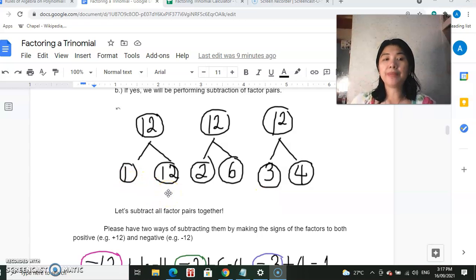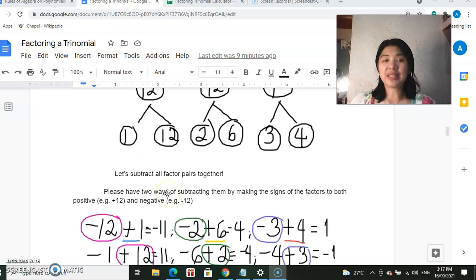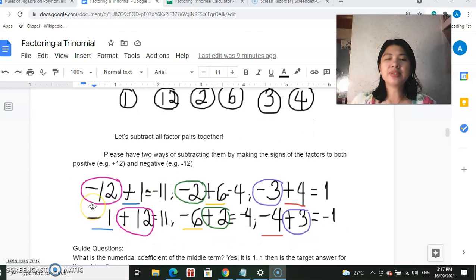There would be an instance where 12 is positive and a trial where 12 is negative. So look at here. This is the trial where 12 is negative and 1 is positive. And we also have here a trial where 12 is positive and 1 is negative. So this is for the factor pair 12 and 1.